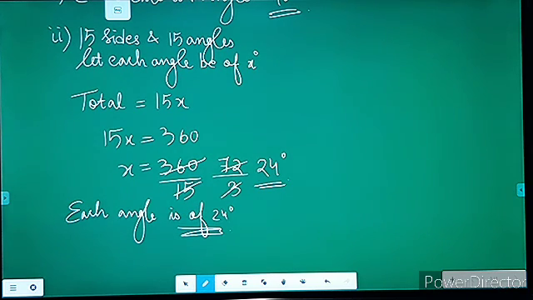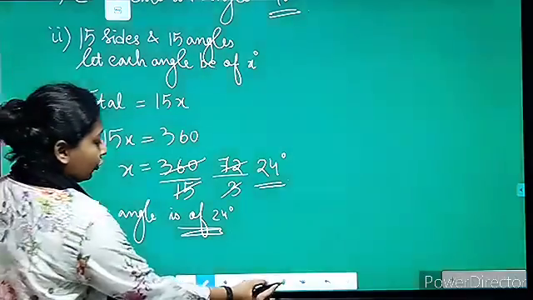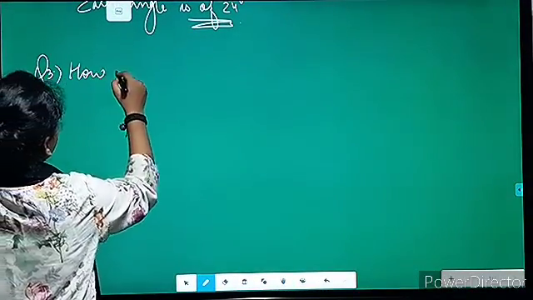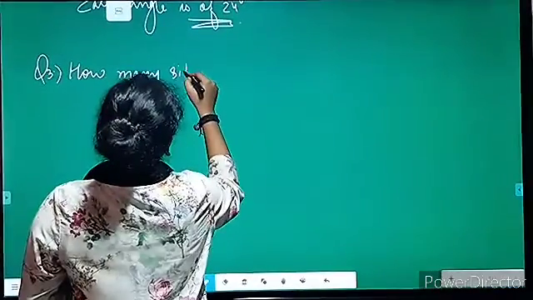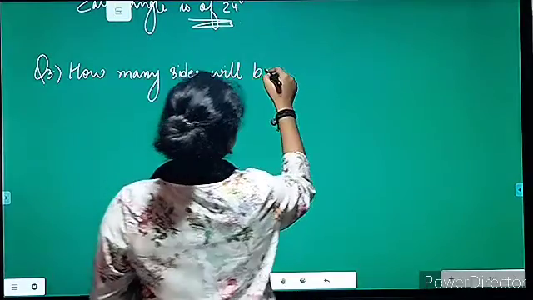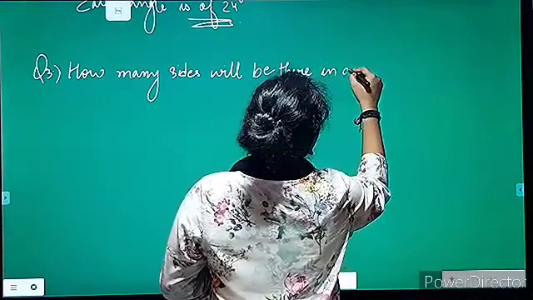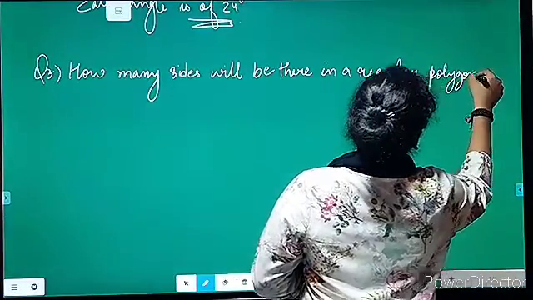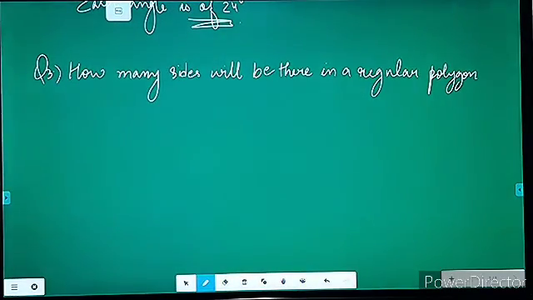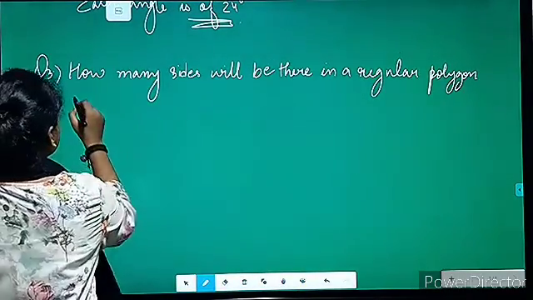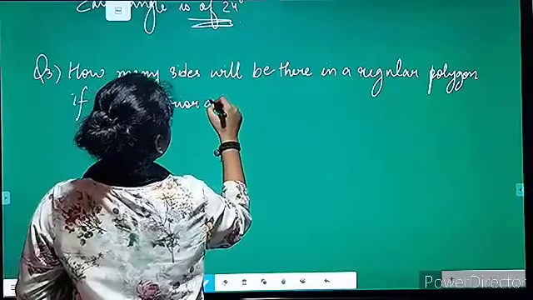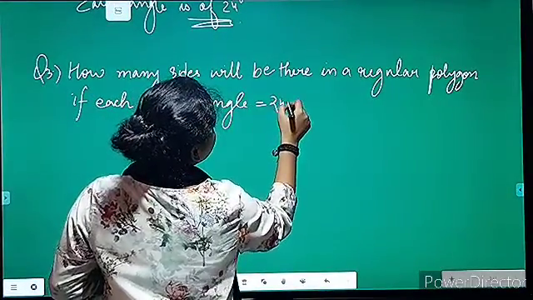Next, question 3: how many sides does a regular polygon have if the measure of each exterior angle is 24 degrees?